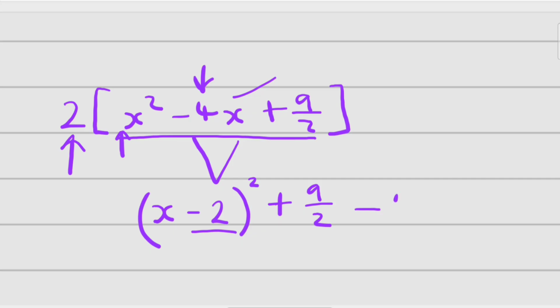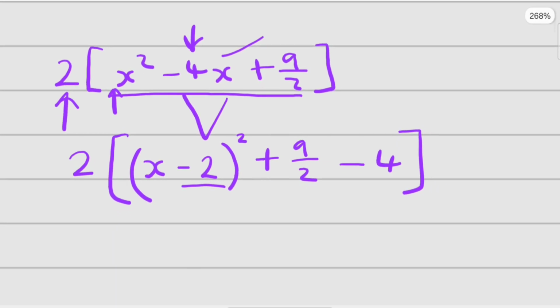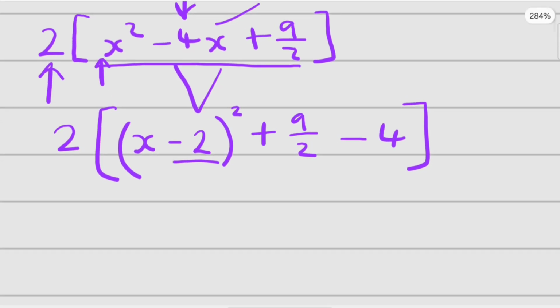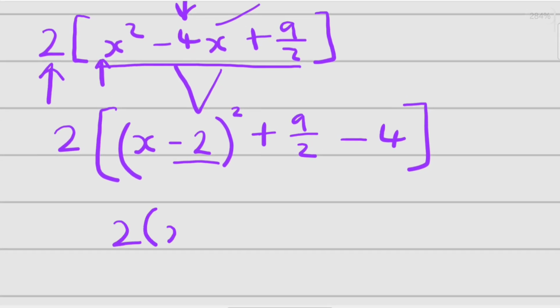2 squared, that's our 4, right? So this is in brackets and we have a 2 outside the bracket, like that, right? And so multiplying everything by this 2, we will have 2x minus 2 squared plus 9 minus 8, right?